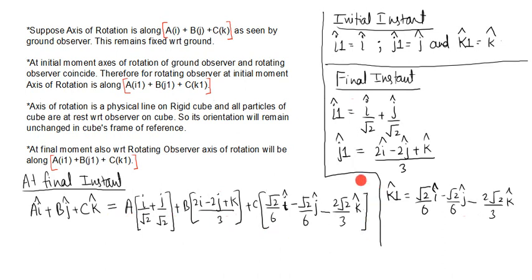So this is a vector equation and I can equate the i cap, j cap and k cap coefficients with each other. The i cap, j cap and k cap coefficients of the left hand side should be equal to the corresponding coefficients on the right hand side.